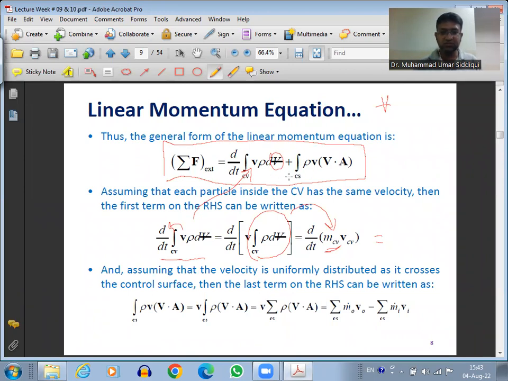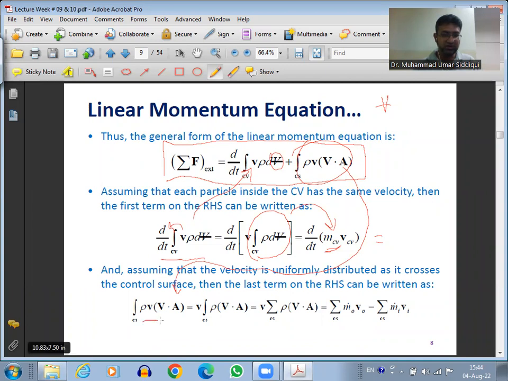Now let's discuss the second term. Assuming that the velocity is uniformly distributed as it crosses the control surfaces, the last term on the right-hand side could be written like this.